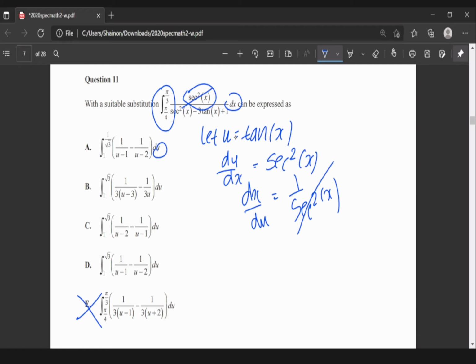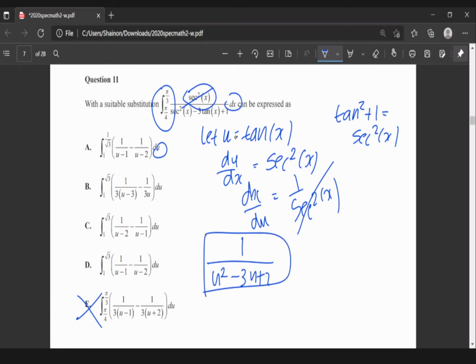Since we know U, it's going to be 1 over sec squared. We can use tan squared plus 1 equals sec squared x. Then you can use the calculator to simplify it, and you find U squared minus 3U plus 2.